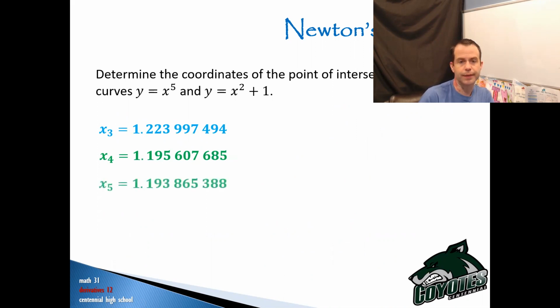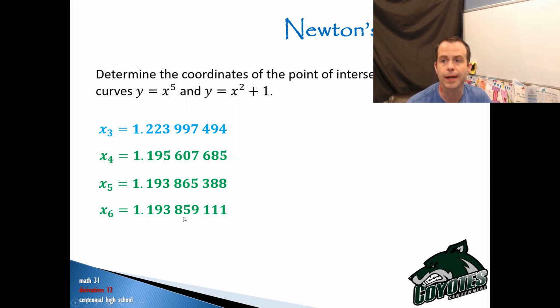Okay, we end up with x5 equals 1.193865388. You'll notice that the 1 and the 9 seem to be stationary now. Okay, x6, please, pause me. You end up with 1.193859111. So we're now the same to 4 decimal places.